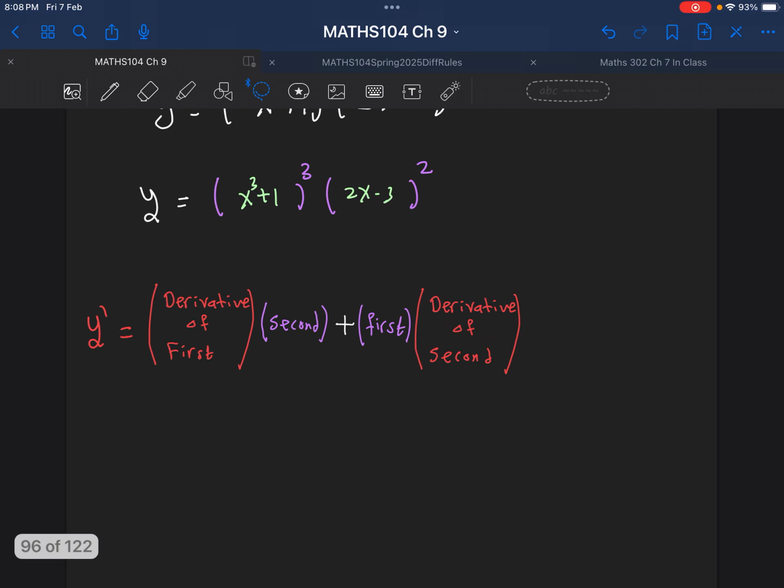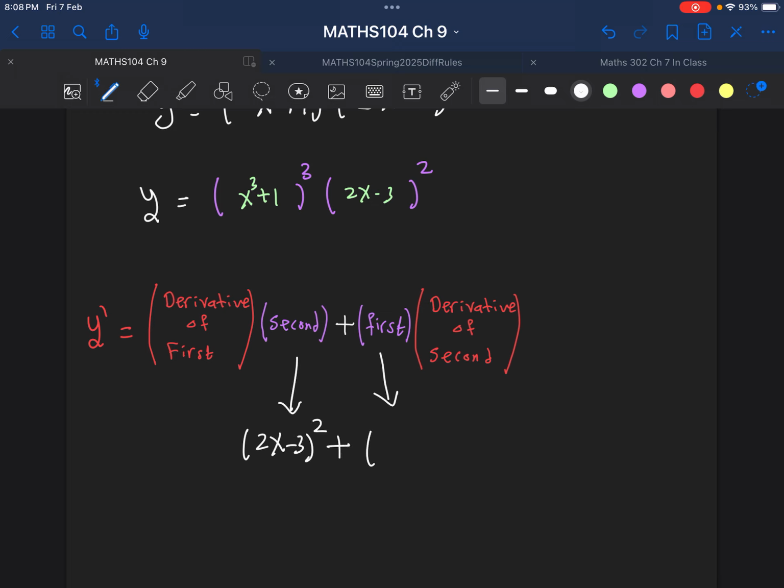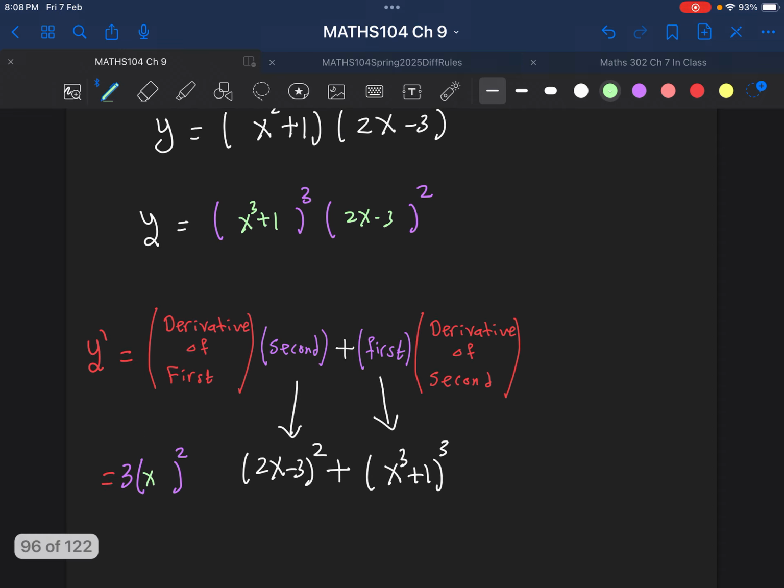So we need to find the derivative of the first, and we keep the second. So this is the second function. I'll keep it. And then the first function, also I need to keep it. Now, what will be the derivative of the first? The derivative of the first will be 3 to the power of 2 for x squared plus 1.